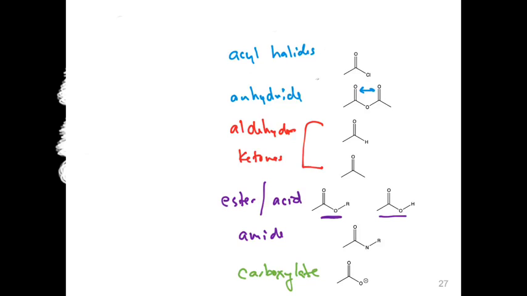What I find sometimes misleading about the chapter divisions here is that we talk about acid chlorides, or acid derivatives, which means just those. And we tend to forget that we also talked about other carbonyls, aldehydes and ketones. Where do the aldehydes and ketones fit into that reactivity?